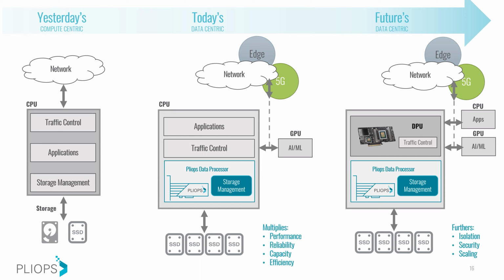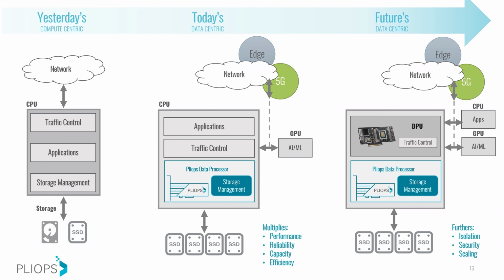As Kirill mentioned, if you're a service provider, you want to have all of your cores available to sell or to rent, and that's how you make your money. Bring all of that overhead into an offloaded device. Now the DPU and PLIOPS storage processor will work together and accelerate that storage management.